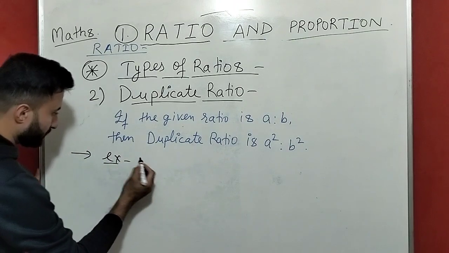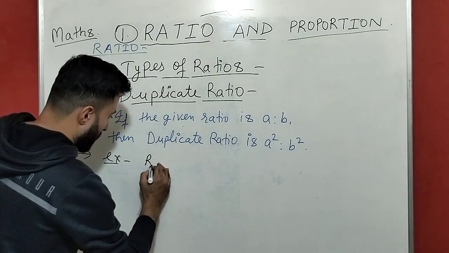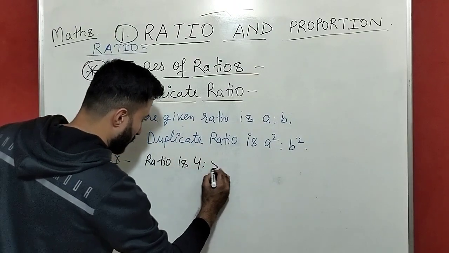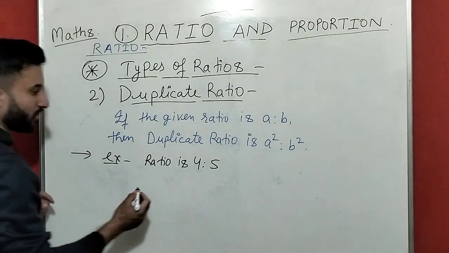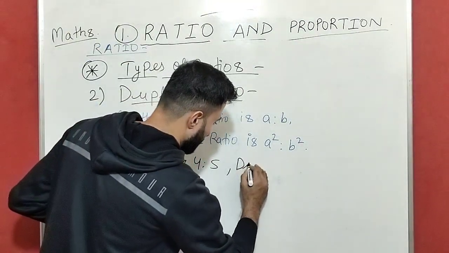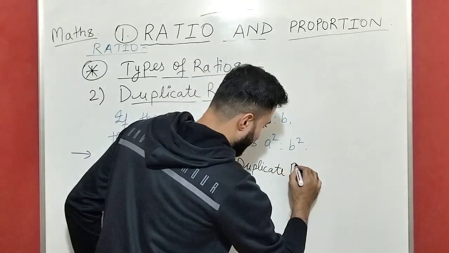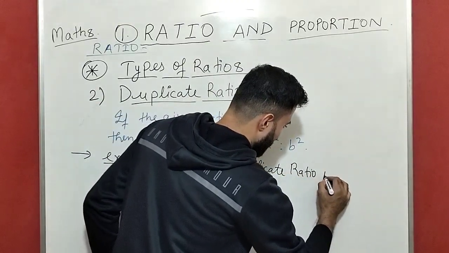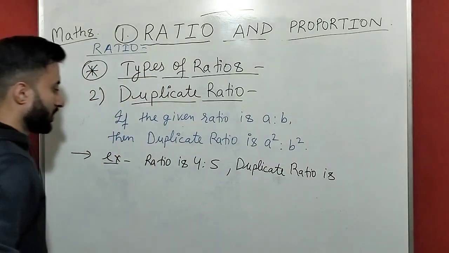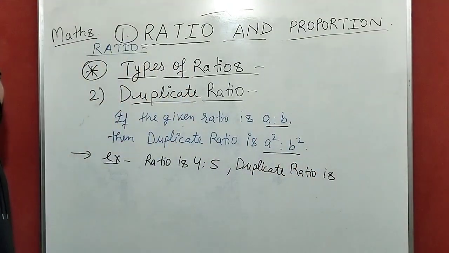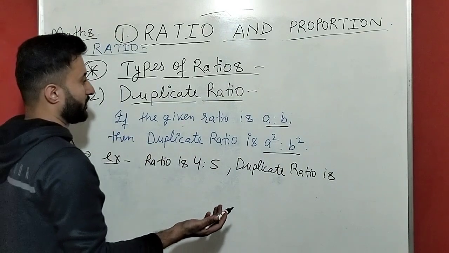Suppose, for example, the ratio is 4:5. Then what is the duplicate ratio? If the ratio is A is to B, the duplicate ratio is A square is to B square, which means we do the squaring.